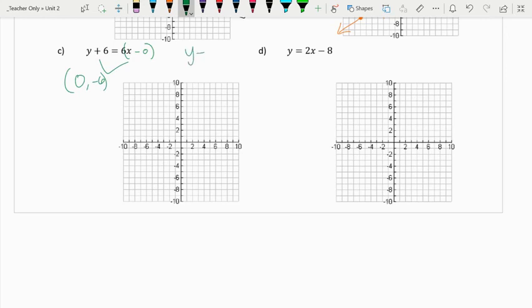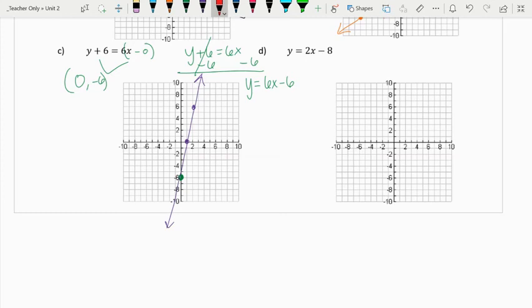Now, if you thought about it as wanting to solve for y, you would have just left 6, and you would have been left with y equals 6. Either way, you would have started with (0, negative 6), which is your y-intercept. And then move your slope, which is 1. So we move up 6 over 1 times, without going off the graph. So that would be our final answer.